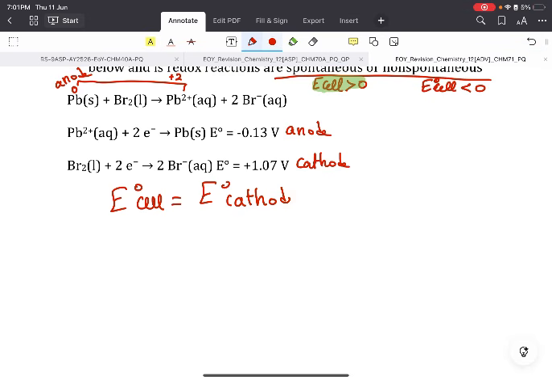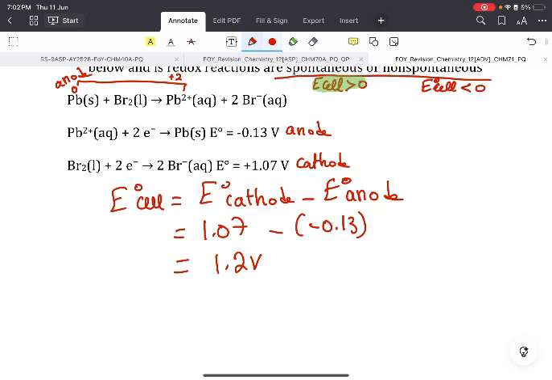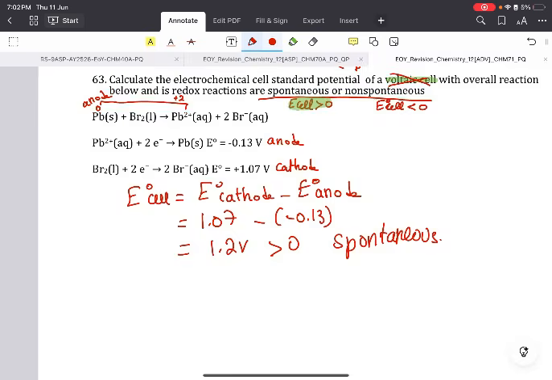It's E cathode minus the reduction potential of the anode. So it is 1.07 minus negative 0.13, and that is 1.2 volts. Now this value is positive. You're going to say spontaneous.